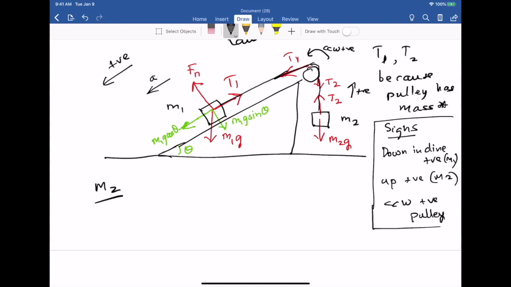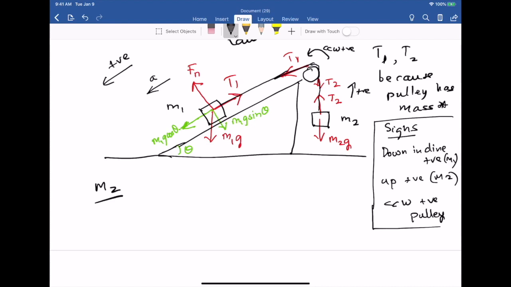We've resolved all the forces into components. So now we can start applying Newton's second law. We'll start with F equals ma, and if necessary, we are going to use net torque equals I alpha. So let's start with F net equals ma and see how far that takes us.